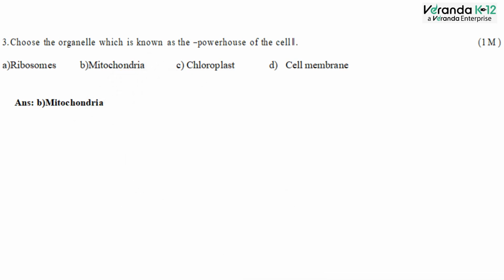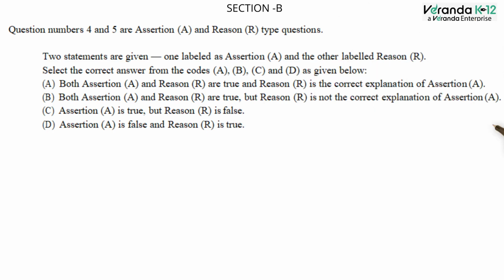Section B. Question numbers 4 and 5 are assertion and reason type questions. Two statements are given, one labeled as assertion and the other labeled as reason. Select the correct answer from the options A, B, C and D as given below.